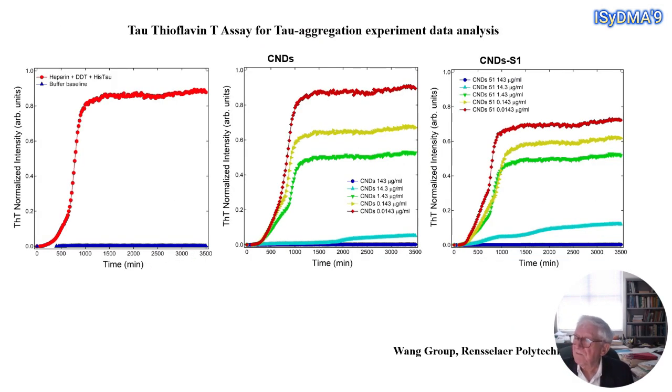the fact that if we look at only the buffer baseline, which is here, we have the formation of tau. If you use carbon nitride with different concentrations, from low concentration going to higher concentration, it goes down, and at high concentration we can eliminate it completely, so we have the inhibition of the tau.